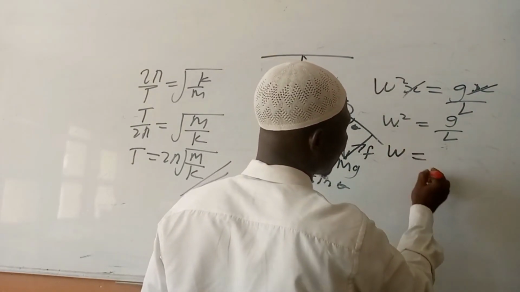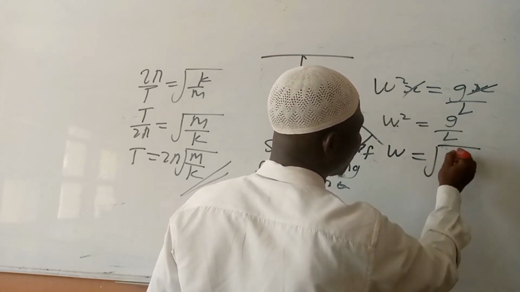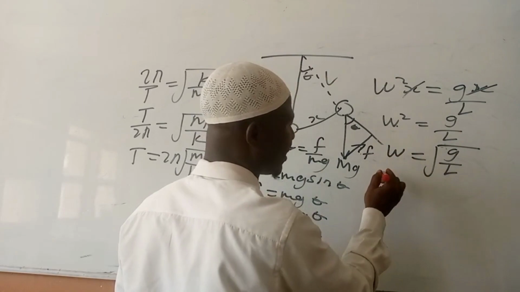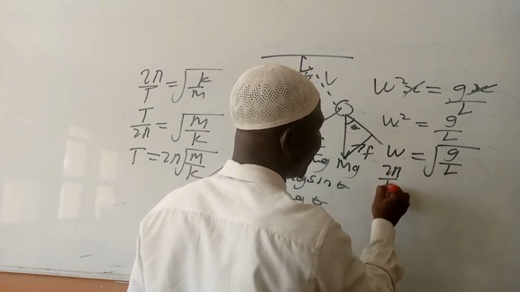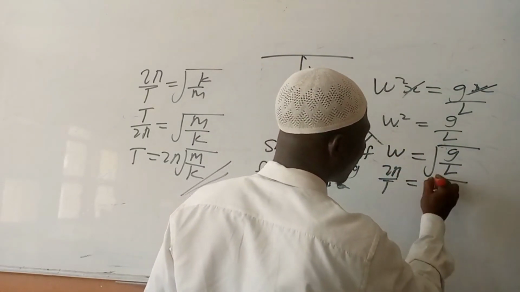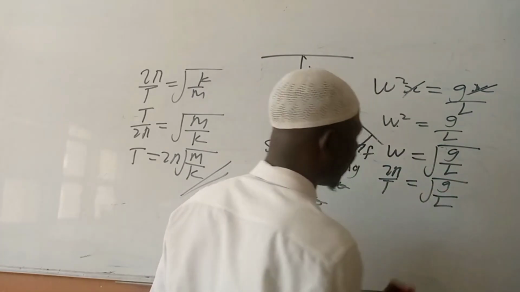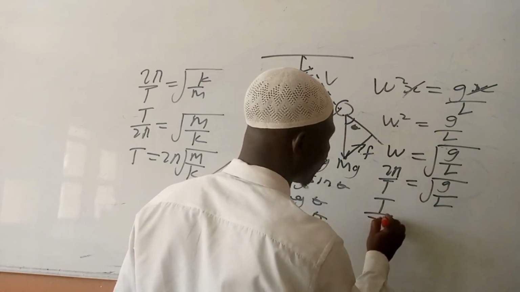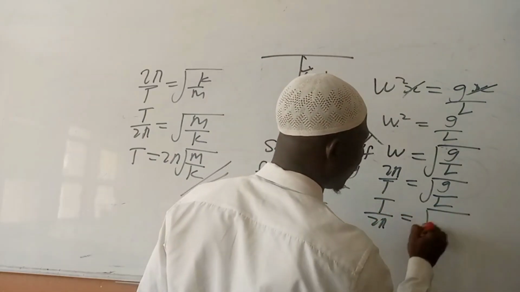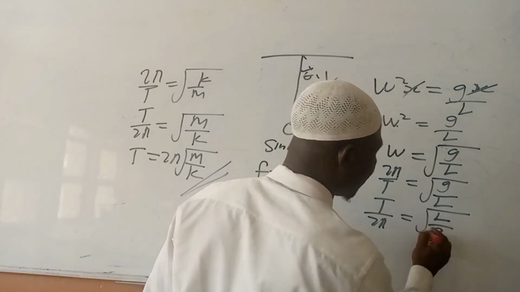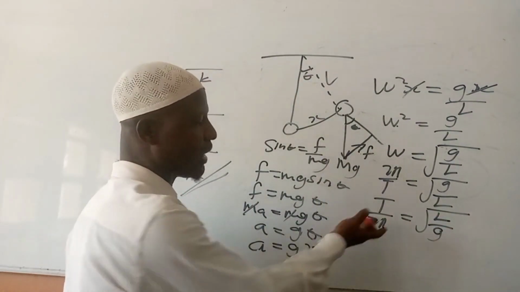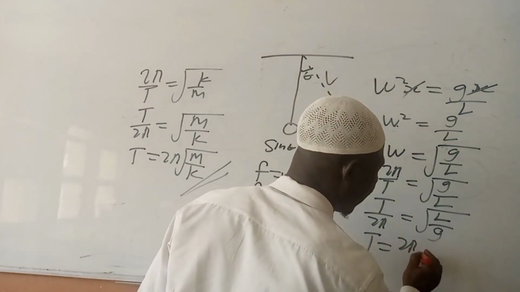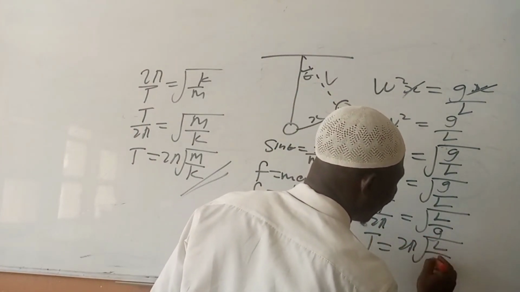Therefore, omega is equal to square root of g over L. And omega is equal to 2 pi over t, which is equal to square root of g over L. Then find the reciprocal of both sides. We have t over 2 pi is equal to square root of L over g. Then multiply both sides by 2 pi. Therefore, t is equal to 2 pi square root of L over g.